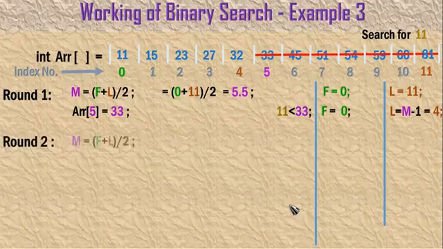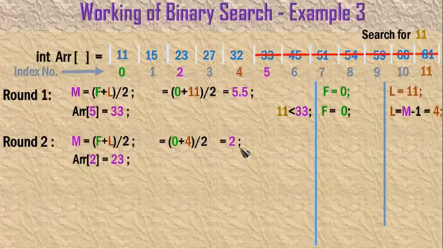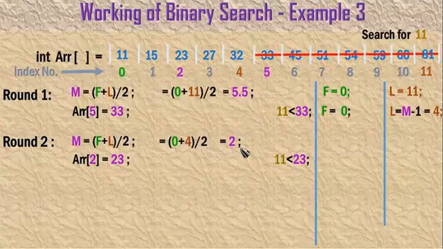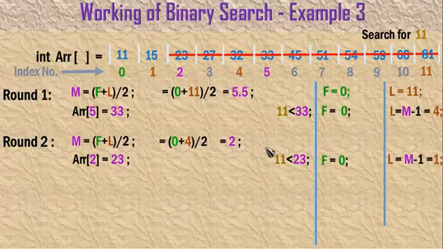So at round 2, 0 plus 4 divided by 2 is equal to 2. The element at index number 2 is 23, which is again greater than 11. So the first half will be searched, the second half we don't need to search. First index remains the same, last index is middle index minus 1.